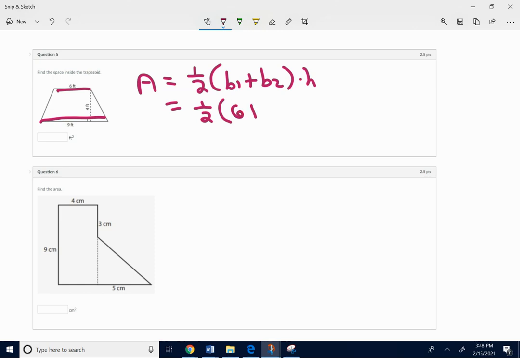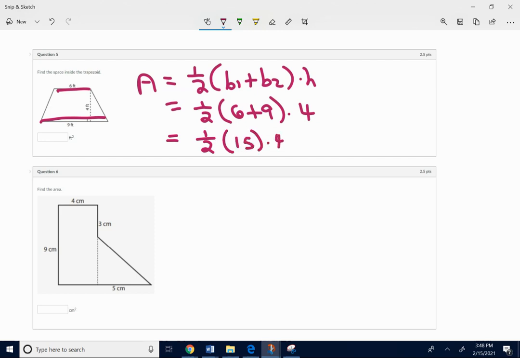That's the 6 and the 9. The height is how high it is, as it's sitting on that 9. It's 4 feet high. So I'm going to put 4 in for h. When I think about my order of operations, I need to do what's inside parentheses first. 6 plus 9 is 15.